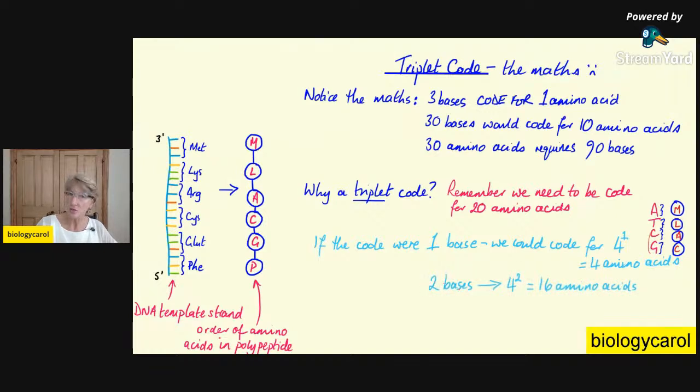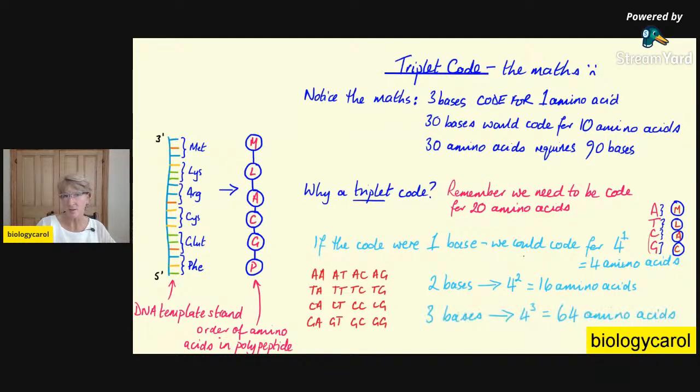If we have 2 bases as the code, that gives you, and I've drawn them out here nicely systematically, 16 possible combinations. It's still not enough to code for 20 specific amino acids. And it was that basic maths logic that made Crick and Watson realize that it must be a triplet code.